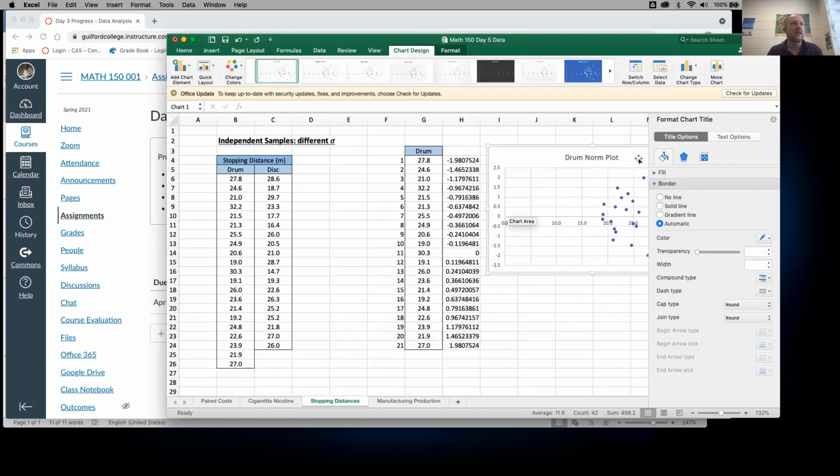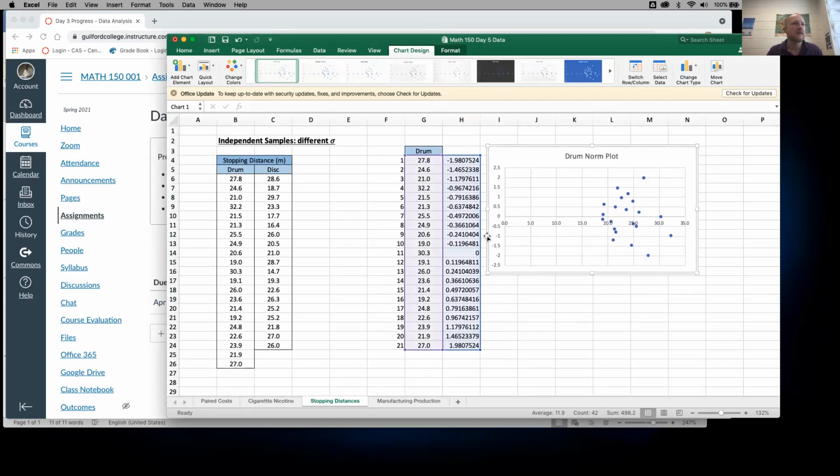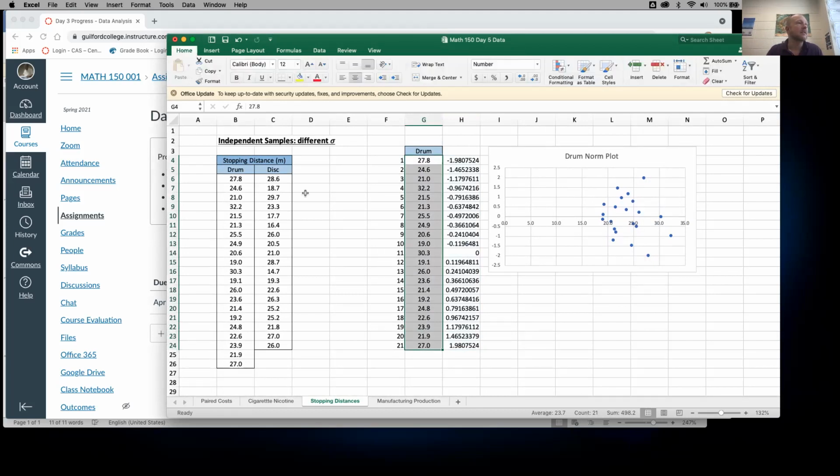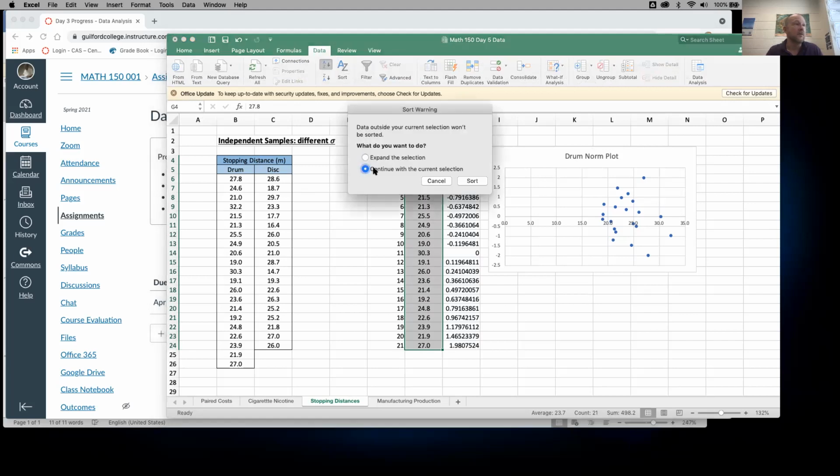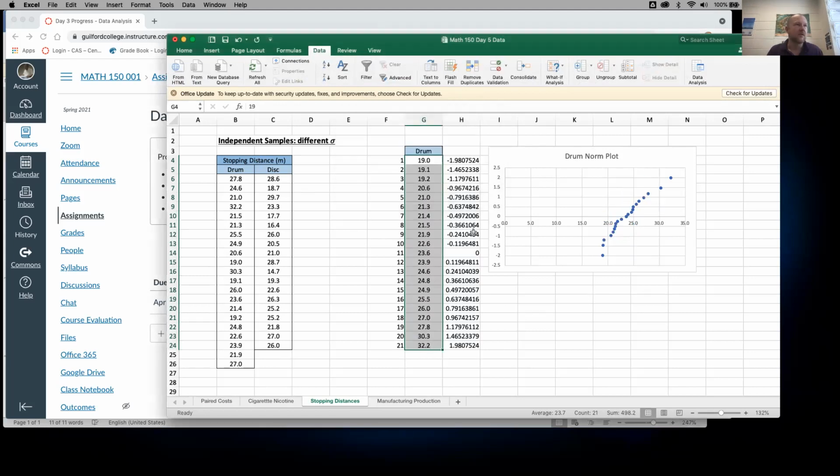And so I'm going to move that out of the way. Close that. And I'm just going to highlight the things that I should have sorted in the first place. And I will have to say data and then sort. No, do not continue or do not expand. Use the current selection. All right.